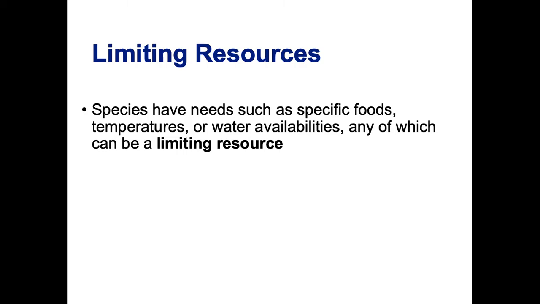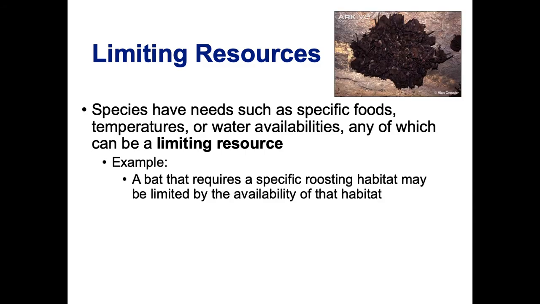If you add more of a particular resource in and it doesn't change the survival or reproduction of the species, it likely needs it, but it's not limiting if it doesn't increase the growth rate of that population.